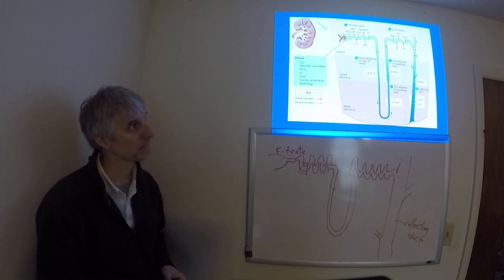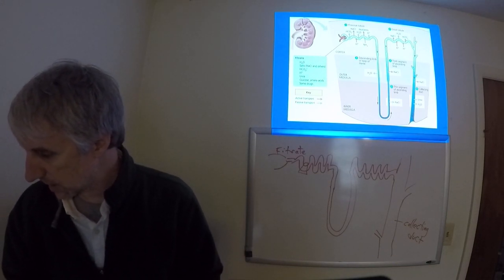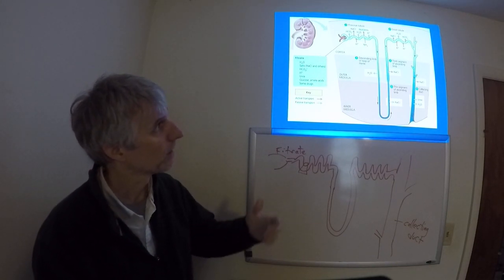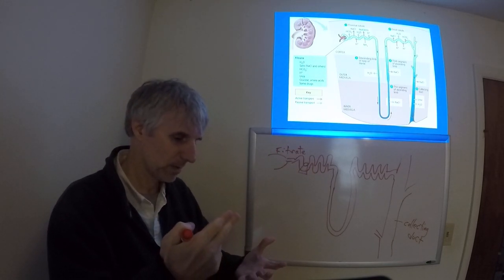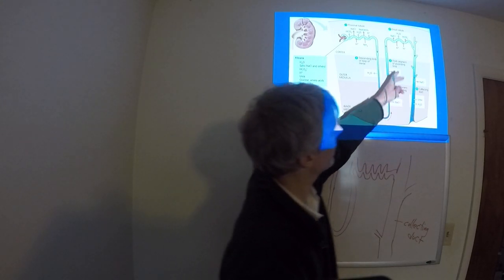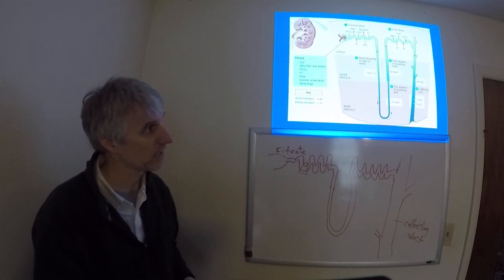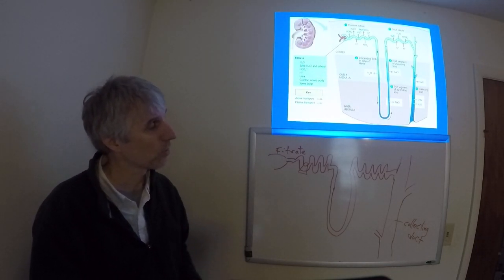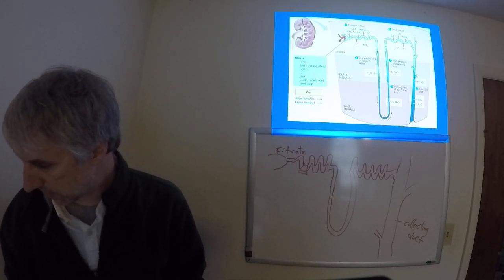And then as we make those final adjustments in the distal tubule, we're really mostly regulating potassium, bicarbonate, and pH. Then this stuff is going to collect into the collecting duct, and while we're in the collecting duct, we're going to make a couple more adjustments.